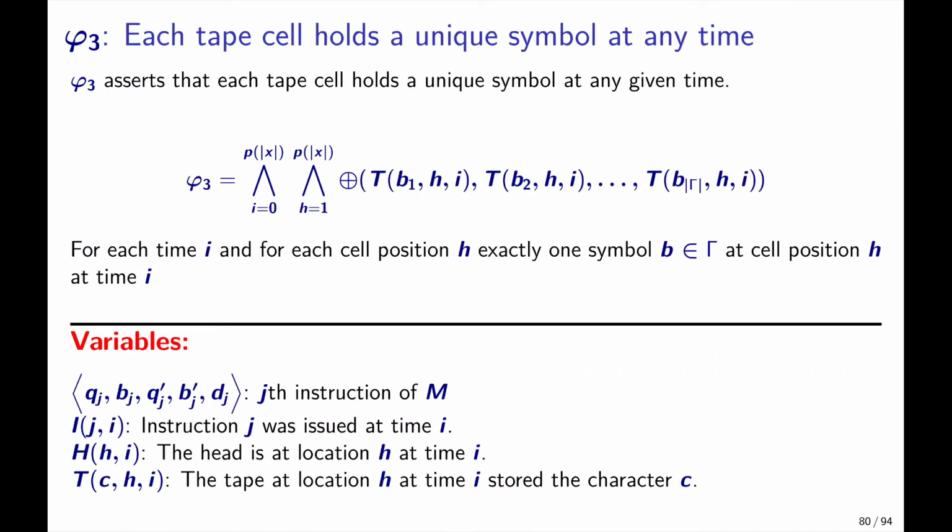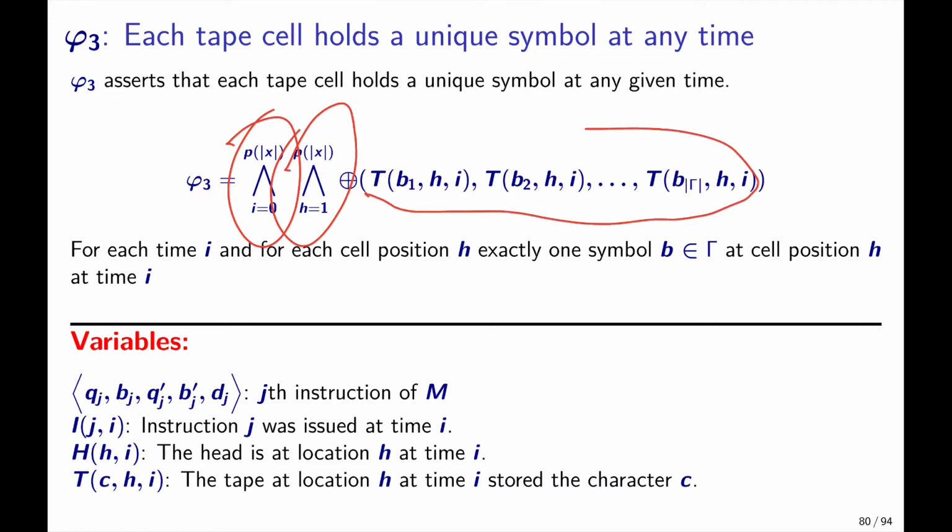Second formula done, now the next one. For every cell, at any point in time, there is only one value that it contains. So again, we look at any point in time, any cell, and we look at all possible values of the cell. To remind you, T_b1,h,i says the tape at location h at time i has the content b1, right?